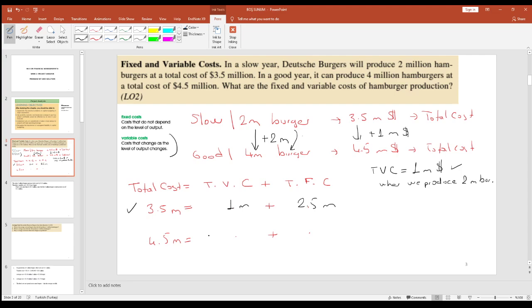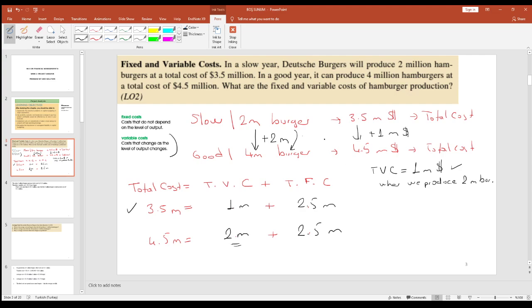So remember, again, total fixed cost remains the same no matter how much quantity is produced. So we can easily say that in a good year case, total fixed cost is equal to 2.5 million. From this equation, we can easily find that total variable cost is equal to 2 million. Let's check whether this is correct or not.